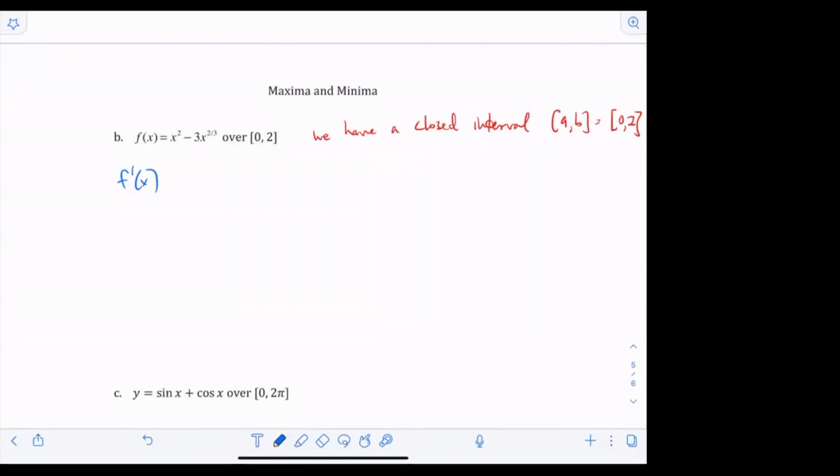So the derivative is going to be 2x minus, I could bring the 2/3 down in front. That's going to give me a 2. And then I can subtract 1 from the exponent. When I subtract 1 from the exponent, that's going to give me an x to the negative 1/3. So if the derivative exists, then that means it's going to be continuous.